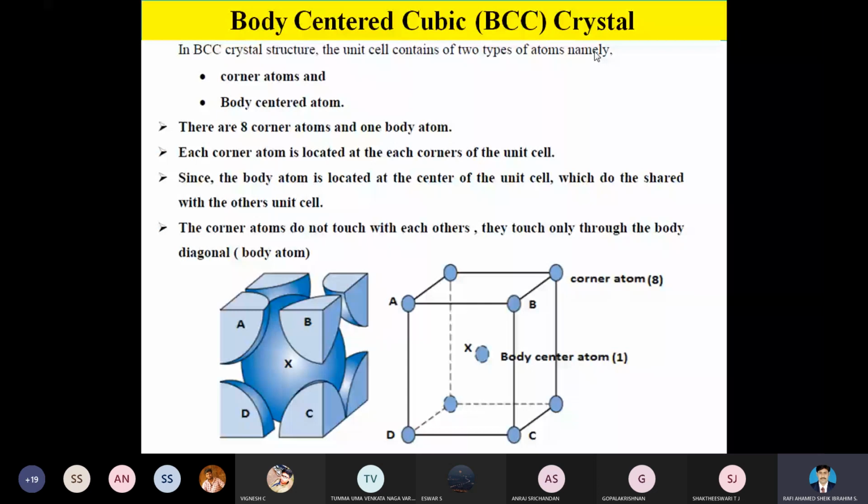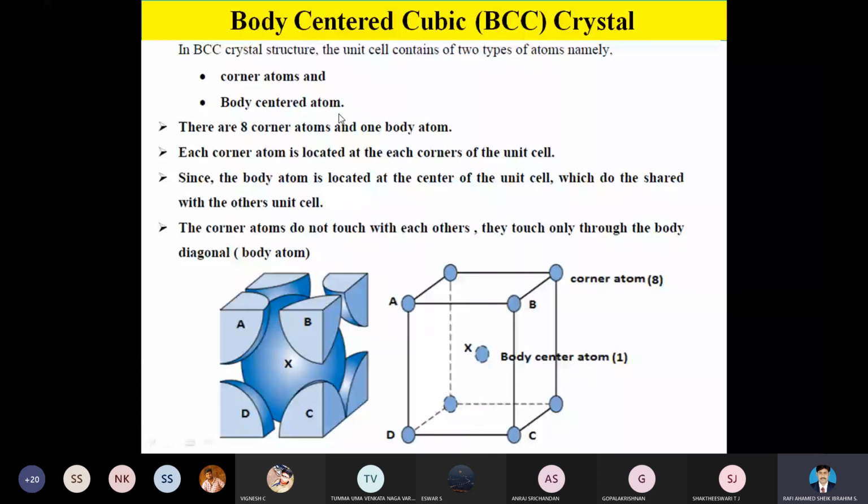In the SC crystal structure, the unit cell is a primitive one. Primitive means it contains only a single type of atom, the corner atom. But for BCC and FCC, in addition to the corner atom, we are going to have another atom. That atom is considered the body-centered atom.